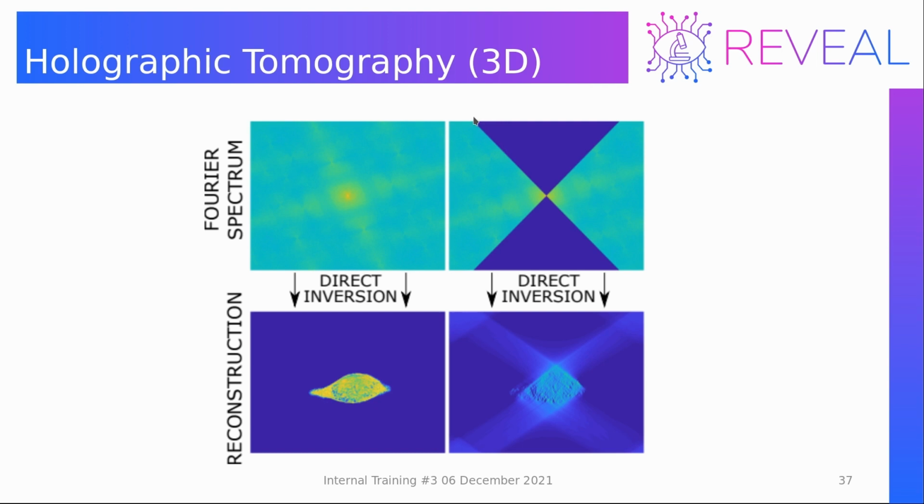On the other hand, if a part of your spectrum is empty, so there is no information in this direction, then when you calculate the inverse Fourier transform, you can see that in this direction you have no sharp boundaries, the image is distorted, the refractive index values are underestimated, so we get a lot of problems.